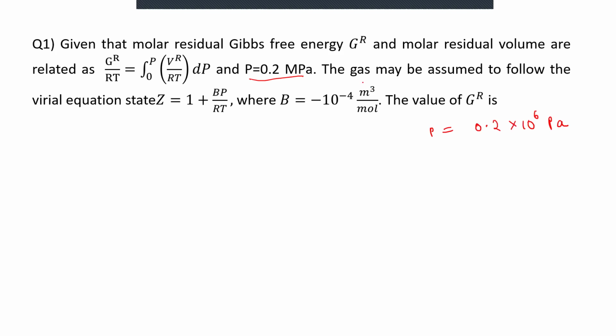The gas may be assumed to follow the virial equation of state, Z is equal to 1 plus BP by RT, where B is this. So what is the value of G^R?